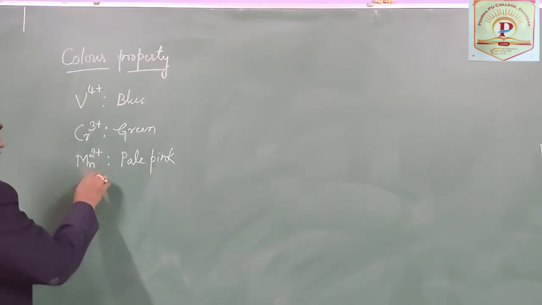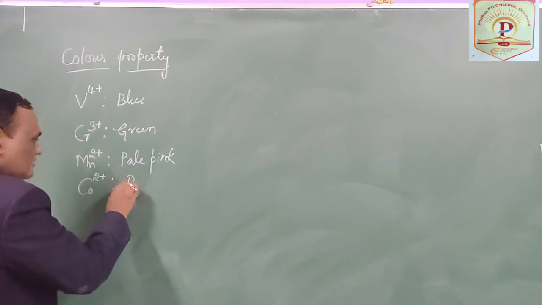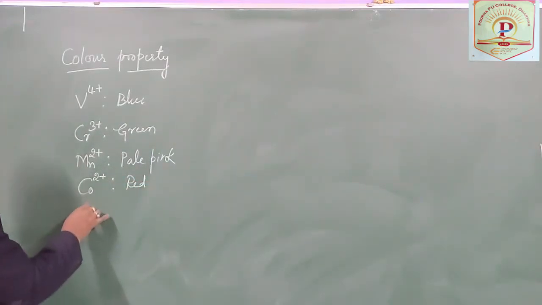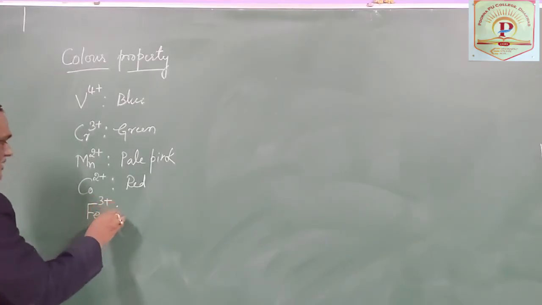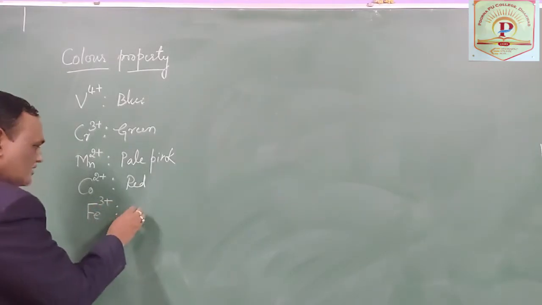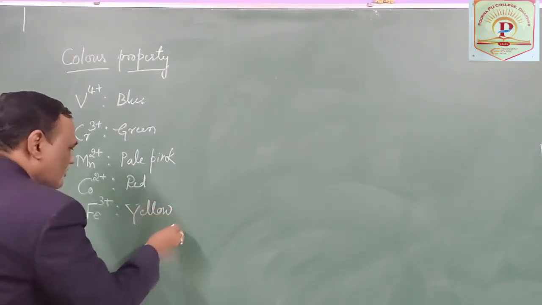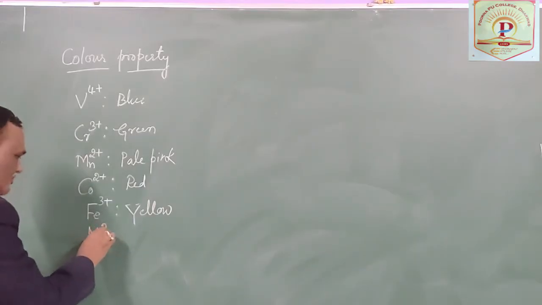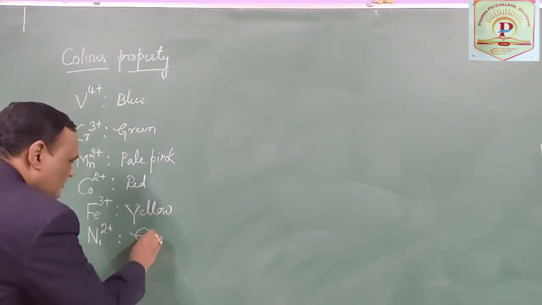Similarly, cobalt 2+ is red in color, iron 3+ is yellow in color, and nickel 2+ is green in color.